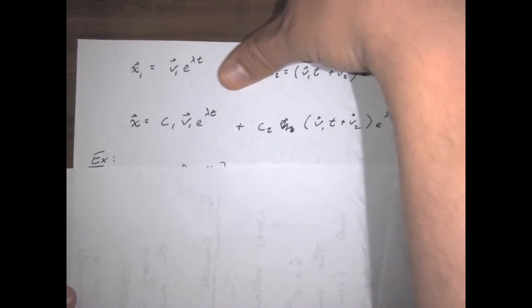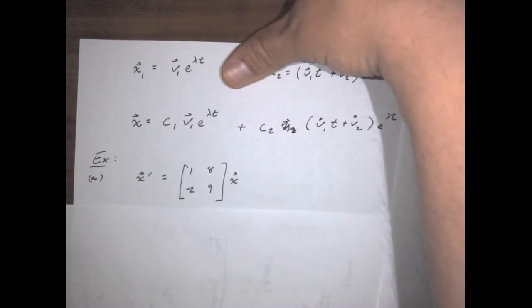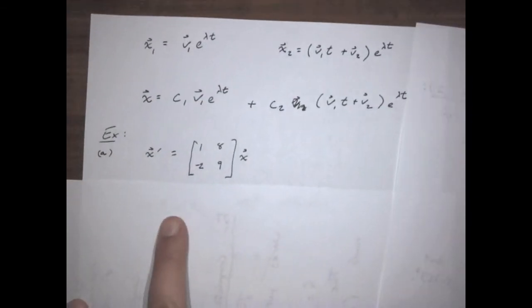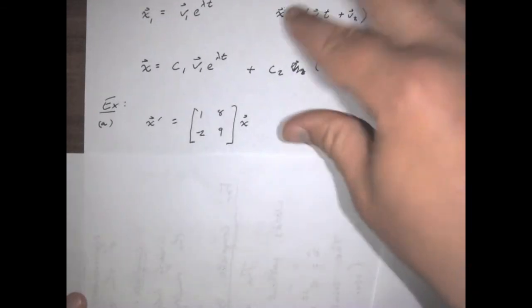So let's try an example of this. So first, let's just try this example right here, where we're going to have x prime is equal to the matrix 1, 8, negative 2, 9 times x. So then, as we already saw in our example at the very beginning of the section, we have a lambda equals 5 with multiplicity 2, and it is defective.